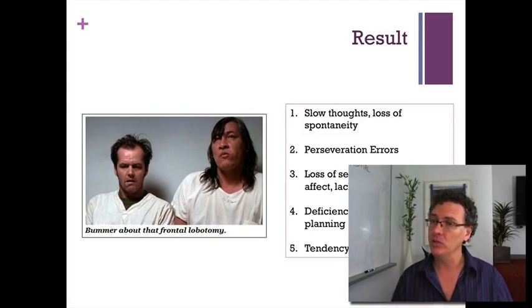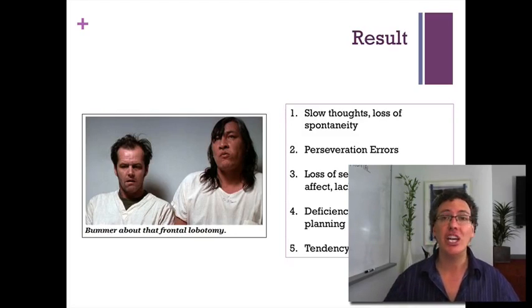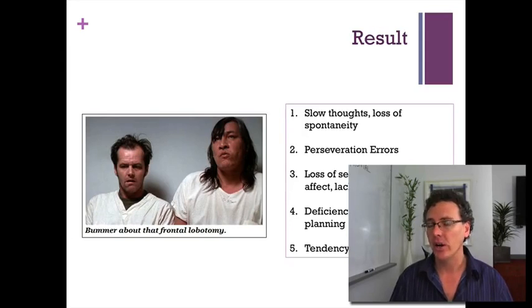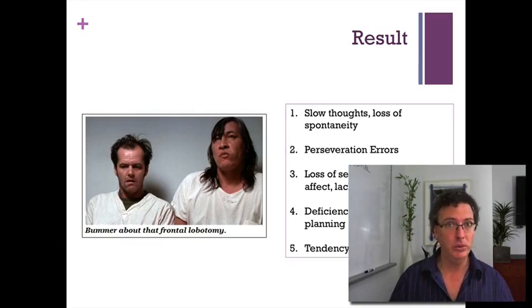So I need to shift my strategy. Well, people with frontal lobotomies, it just seems like they cannot shift their strategy. As one example, there's something called the Wisconsin card sorting task, where there are cards that have three qualities to them. They have maybe triangles, squares, or circles depicted in either red, green, or blue.